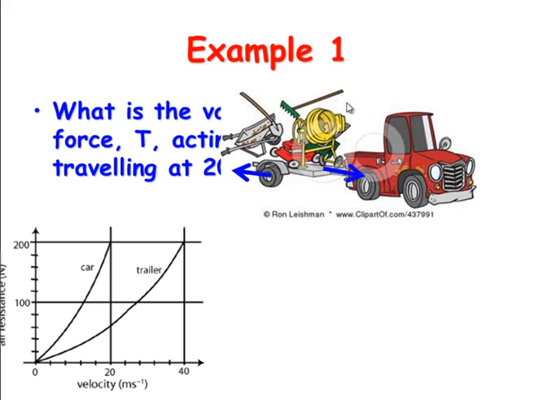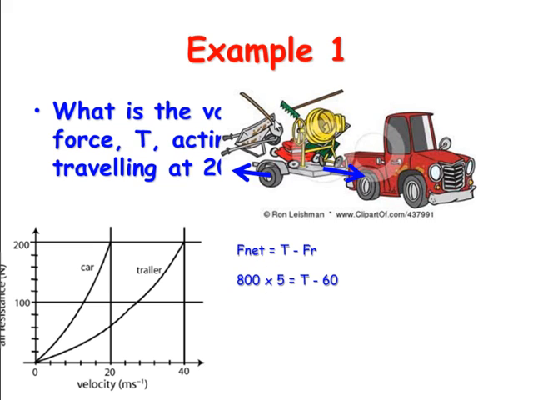In questions like this, it's often a whole lot easier to analyze it piece by piece. So analyze one carriage of a train or one trailer, or just the one unit at a time. Analyze the forces and the relationship with the net force for the one object. So in this case, the net force is the sum of the positive forces, in this case tension, minus the resistance forces.